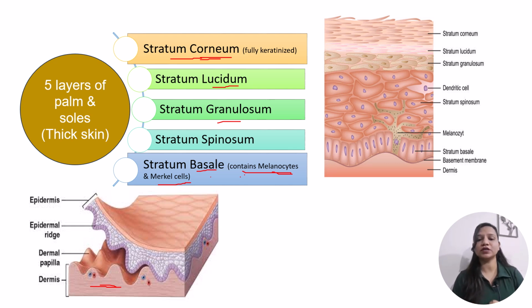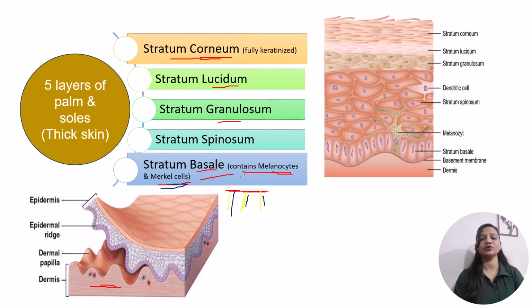The deepest layer of the epidermis is connected with the dermis, and the dermis has nerve endings. So the Merkel cells in this basal layer act as mechanoreceptors, helping with the sense of touch, and they transmit the sensory information of touch to the nerve endings present in the dermis layer.